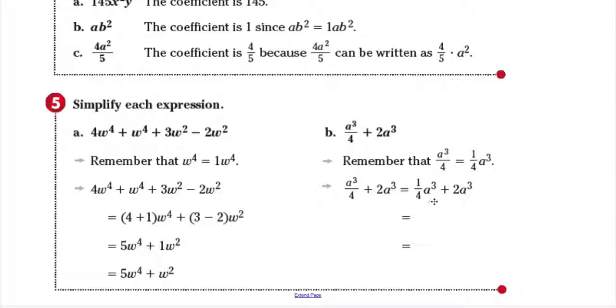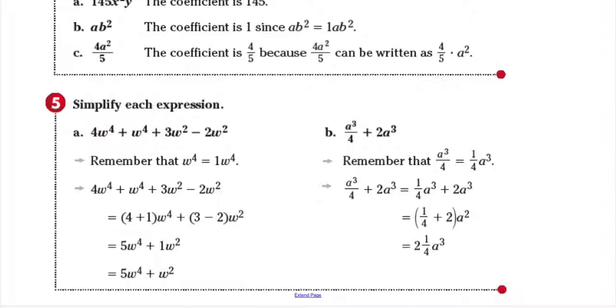We have like terms because they have the same base and their variables have the same exponents. So using the distributive property, we now have 1/4 plus 2 multiplied by a cubed, or 2 and 1/4 times a cubed, and that is the simplest form of letter B.